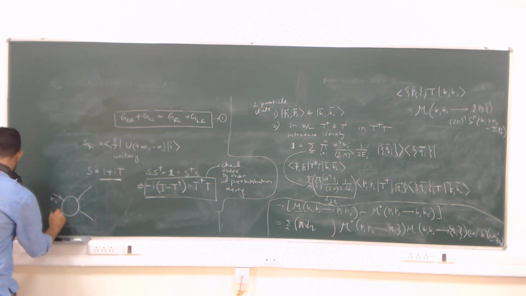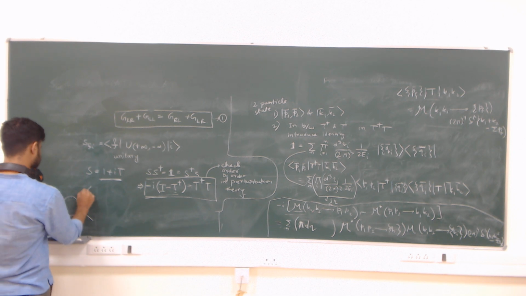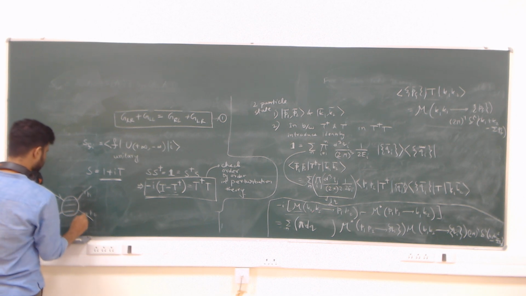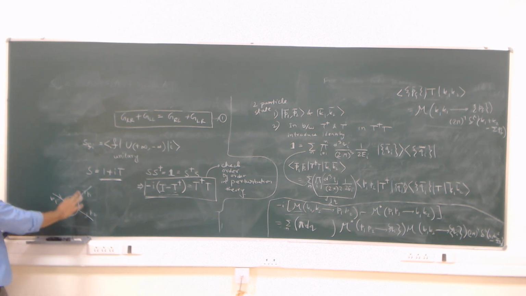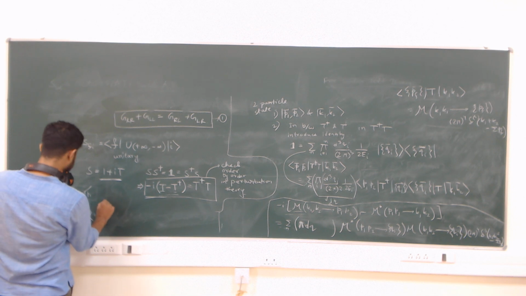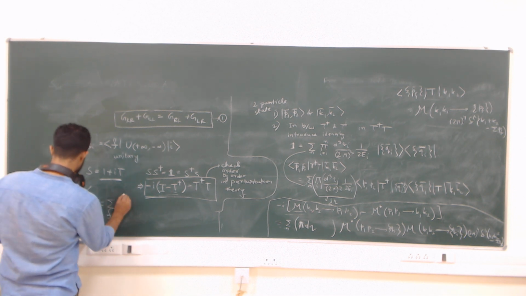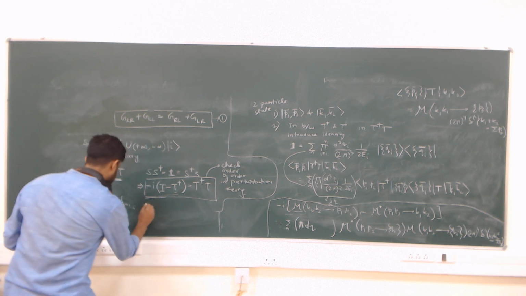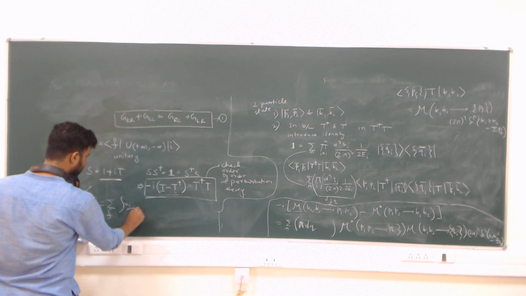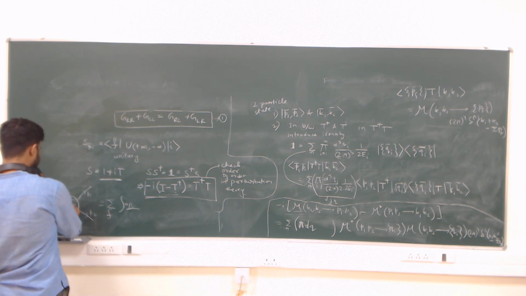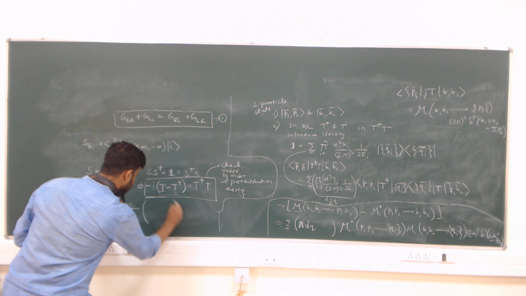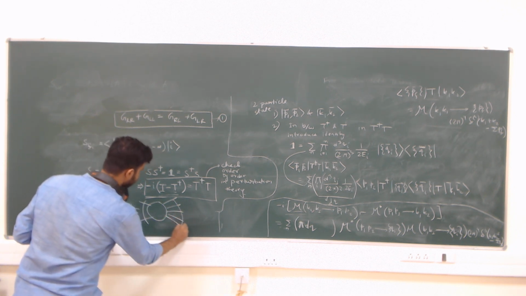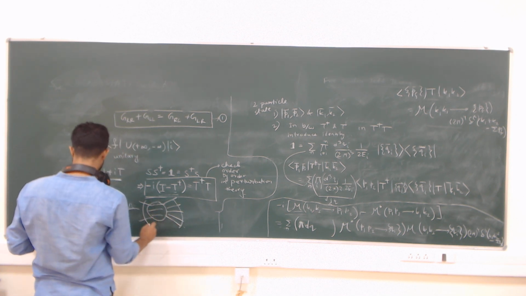K1, K2 is going inside, and K1, K2 is coming outside. Considering all possible intermediate states, the lines going through here can be any multi-particle states.